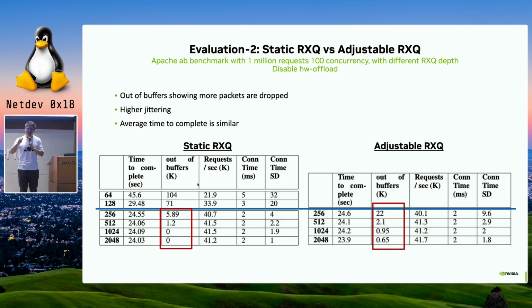So the first burst of packets over 128 will definitely be dropped. Also the standard deviation of the adjustable design is higher, which I guess is because of the drops. Otherwise, the performance, for example time to completion, requests per second or connection time, is pretty much the same, and the impact should be lower.